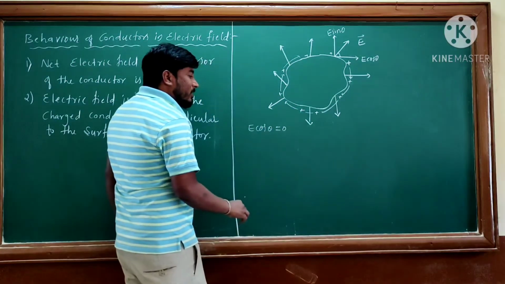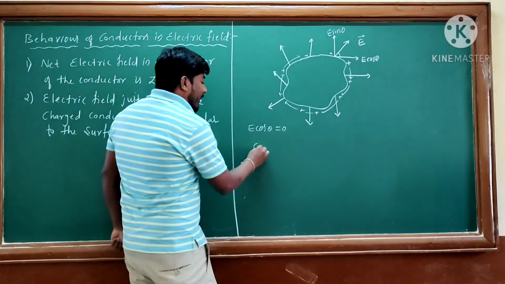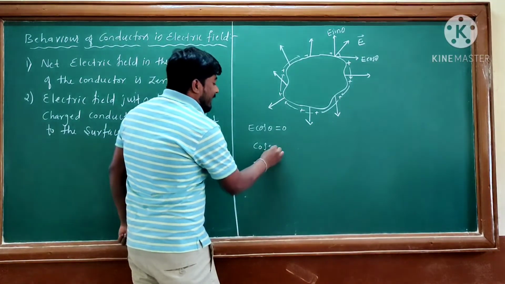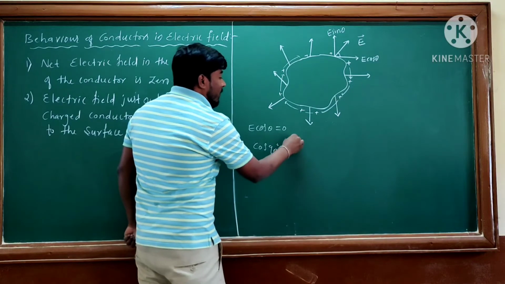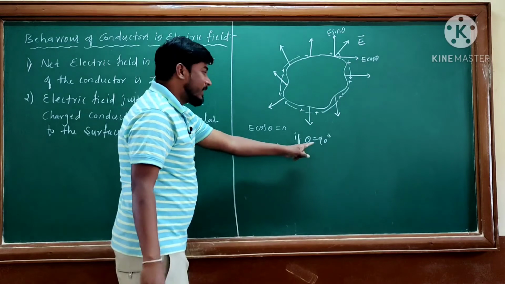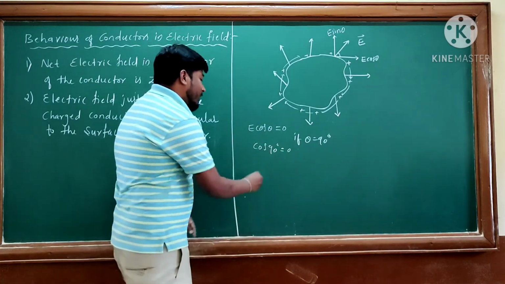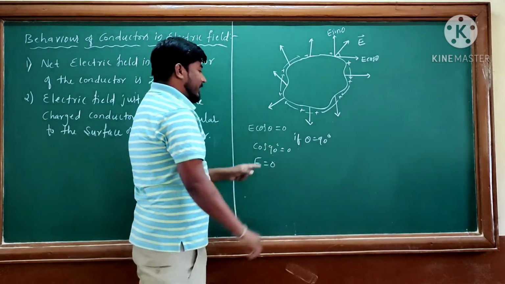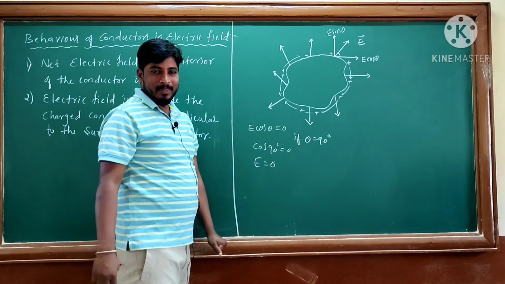When it is perpendicular to the conductor, then cos 90 must be equal to 0. If theta is equal to 90 degrees, we know that E must be equal to 0. Right?